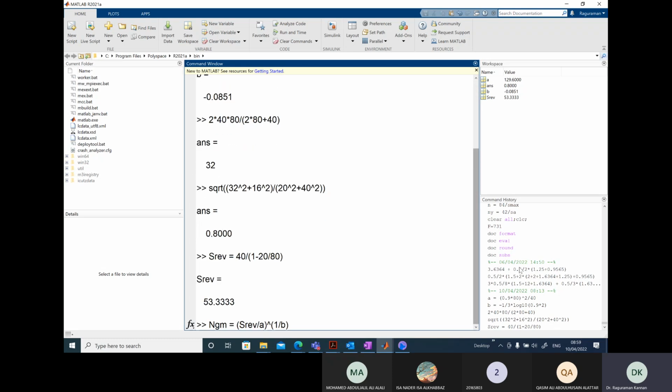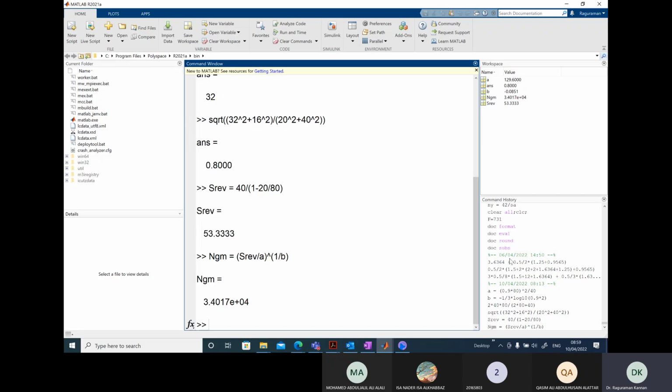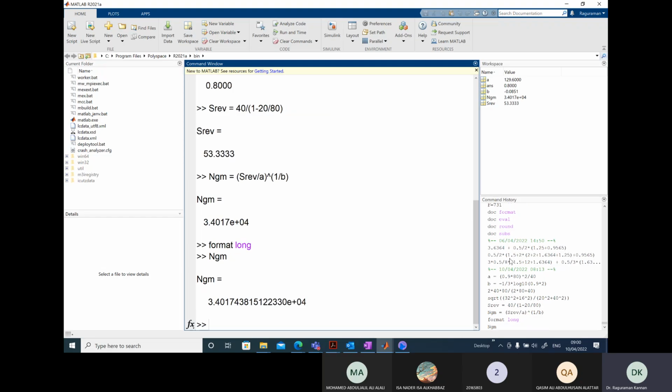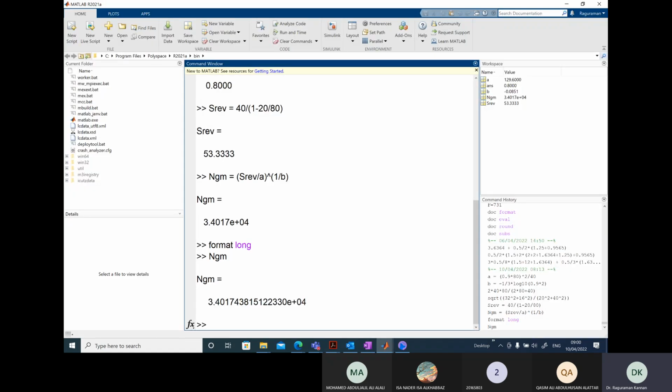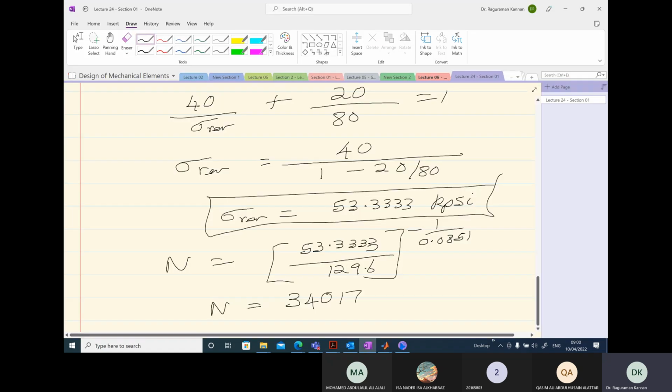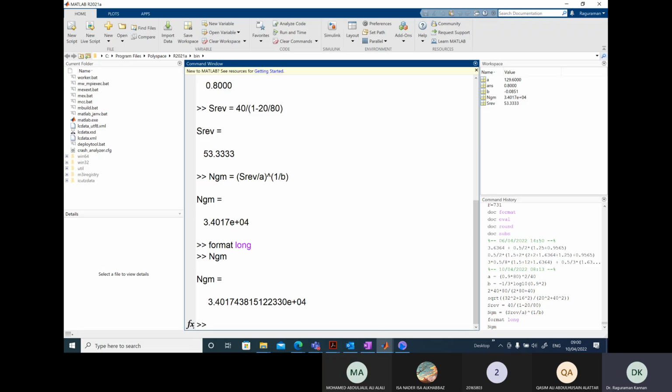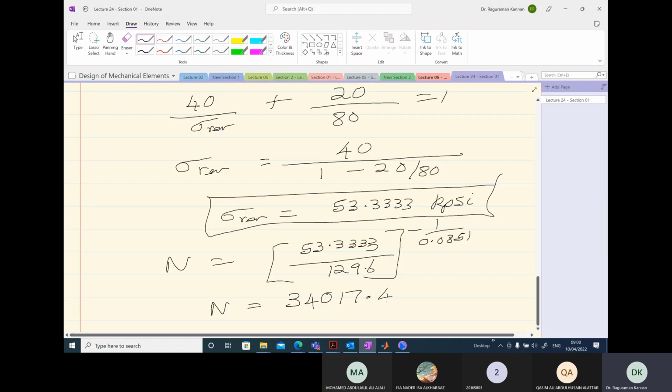Just calculate the value, and we get, okay, let's use format long. Just print out the N Goodman value. We get 34,017.44 cycles to failure. So this is the answer.